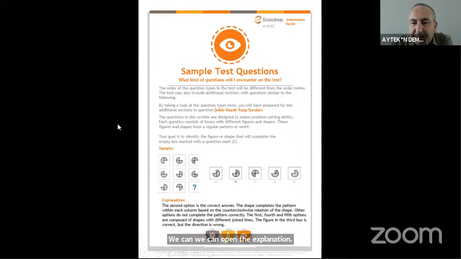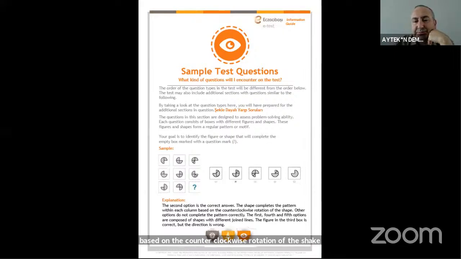Thank you for all answers. Please see the explanation. As you see, the second option is the correct answer. The shape completes the pattern within each column based on the counterclockwise rotation of the shape.